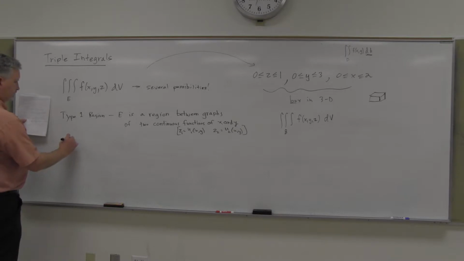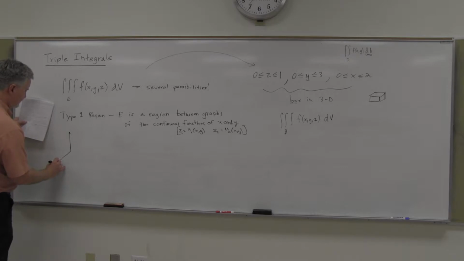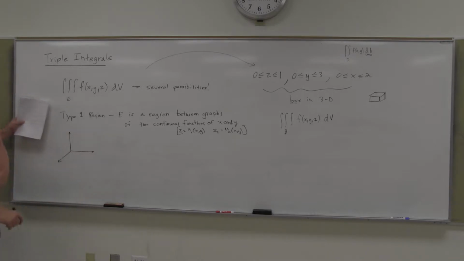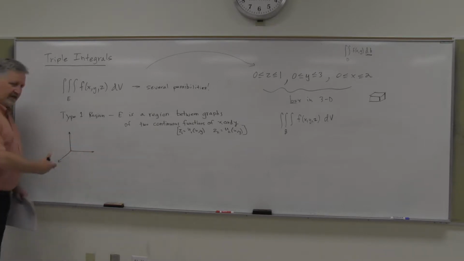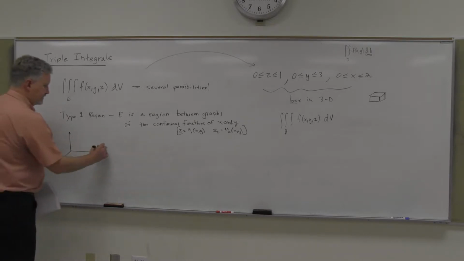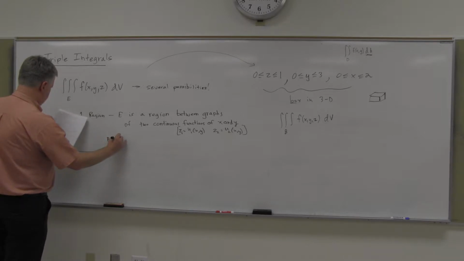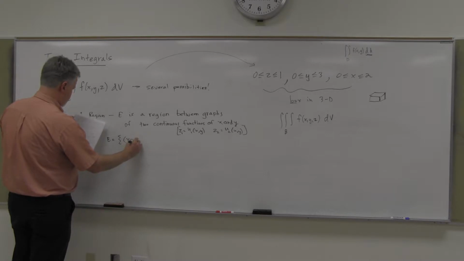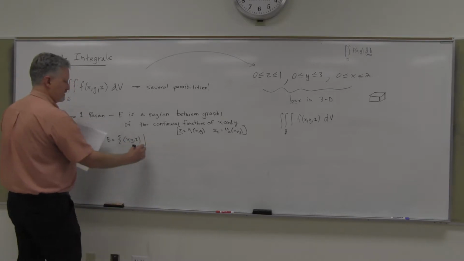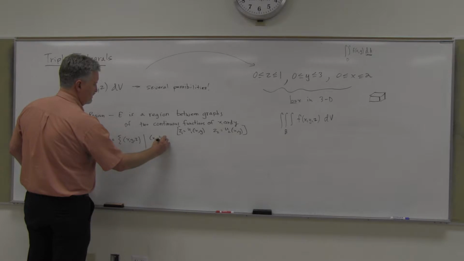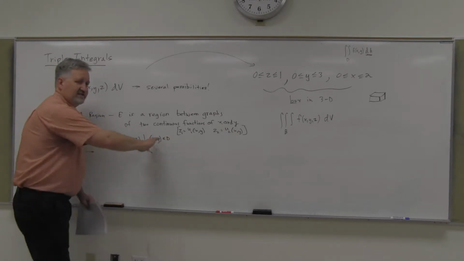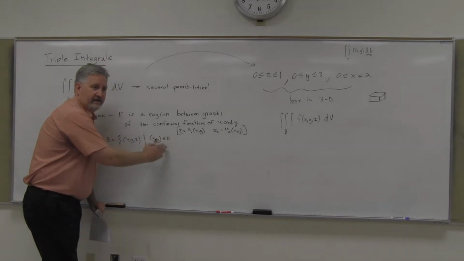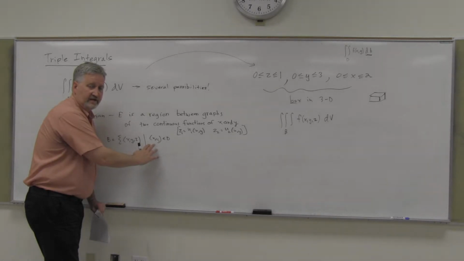All right, so just to give you a general idea, let me try to draw this out. So in the XY plane, let me work our way through it. E is going to be the XYZs such that X comma Y is still going to be some area in the XY plane.